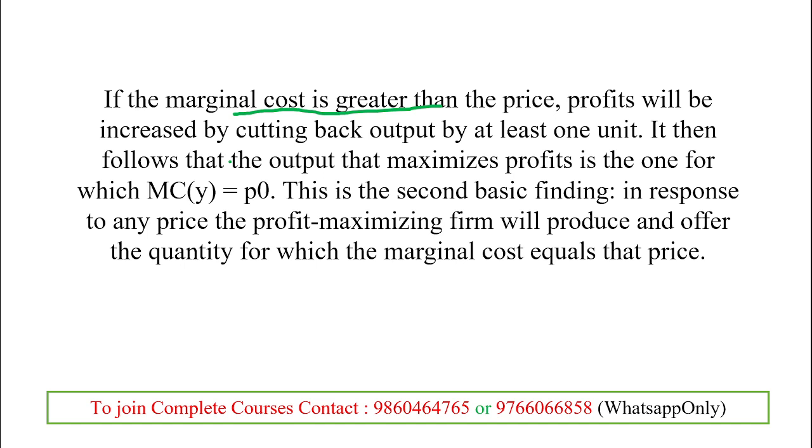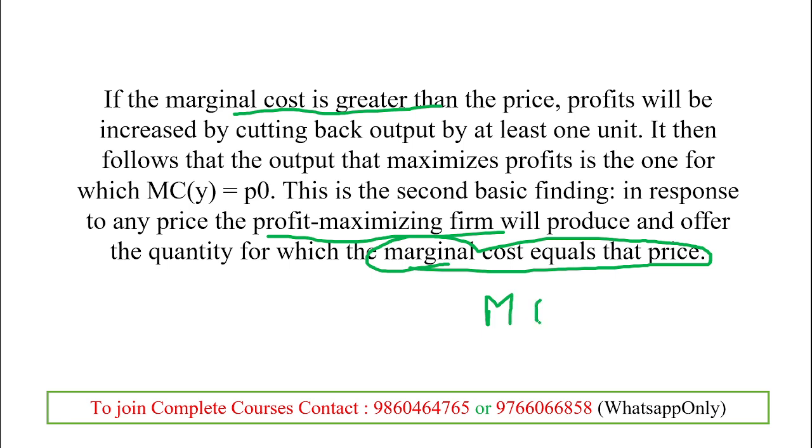So in response to any price, the profit maximizing firm will produce a quantity where marginal cost equals price. This is the point where the profit maximizing firm will operate. We want to note this point: MC equals P is the point where the profit maximizing firm will respond.